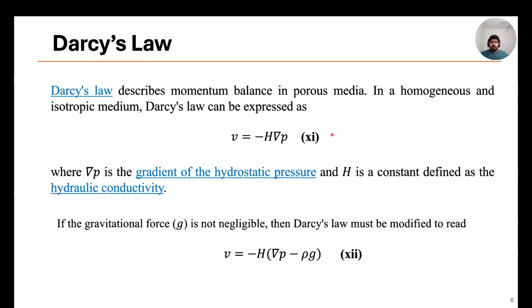But if you are considering the gravitational force, you should use equation 12, which considers the gravitational force in the form of ρg, where ρ is the density of the fluid and g being the acceleration due to gravity.